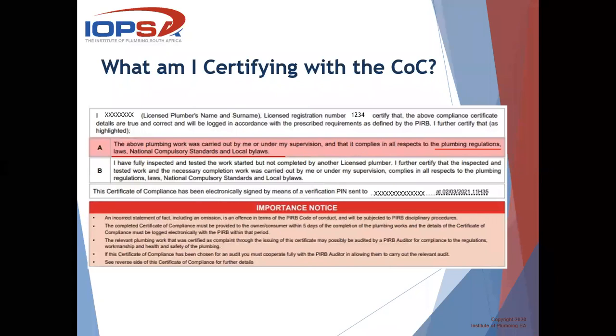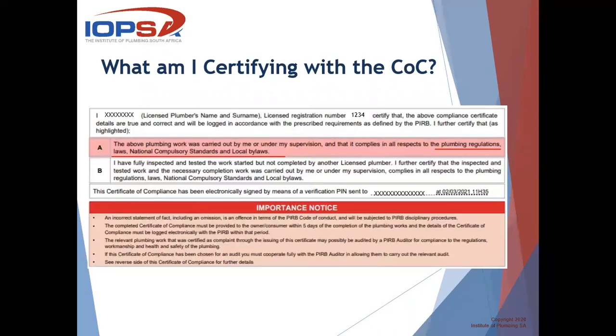Somebody else has done the installation and asked me to issue the COC. If you're not happy with the installation, if you haven't seen it yourself and haven't tested it to make sure that it works, I will definitely not even consider doing it. In actual fact, I will not easily issue a COC for an installation that I haven't worked on myself.